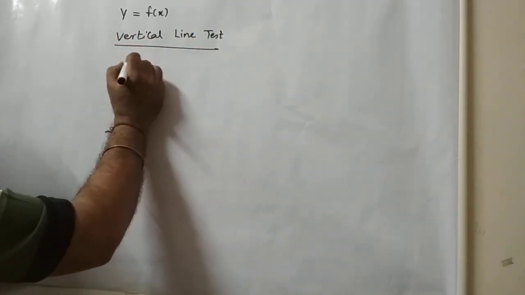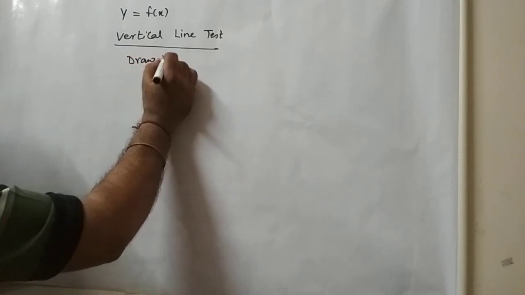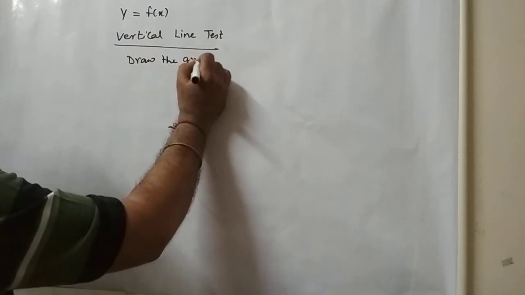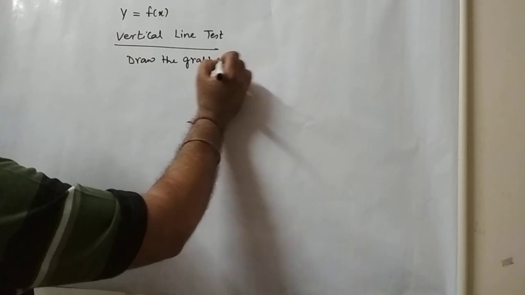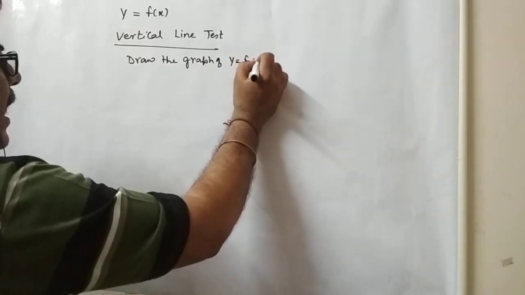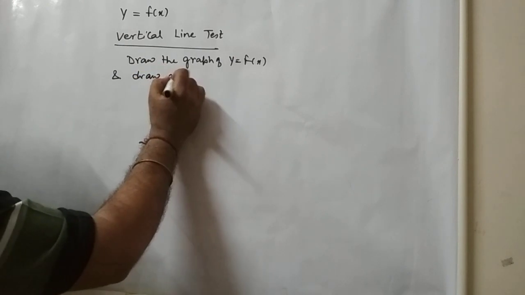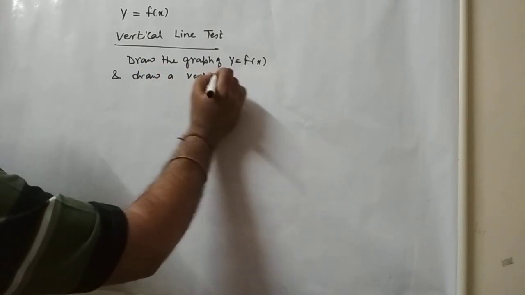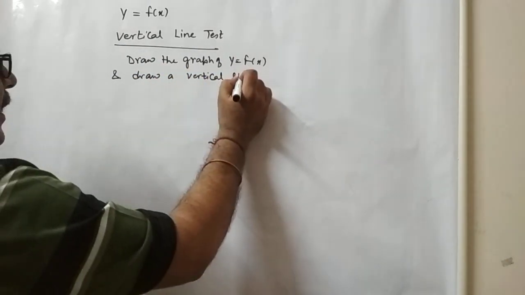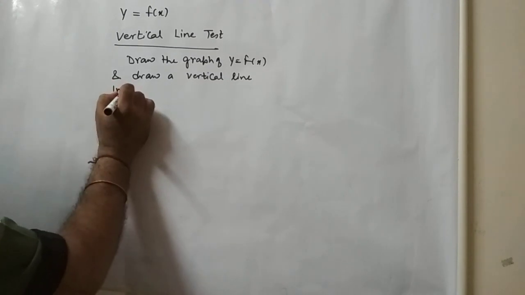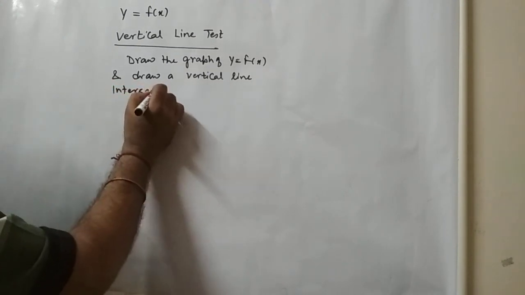Draw the graph of y is equal to f(x) and draw a vertical line intersecting the graph. This point is important. Intersecting the graph.